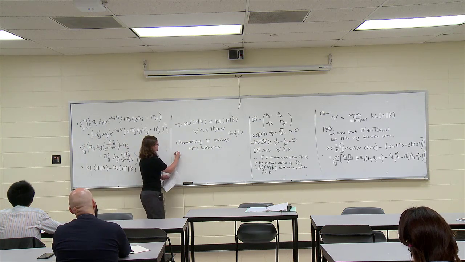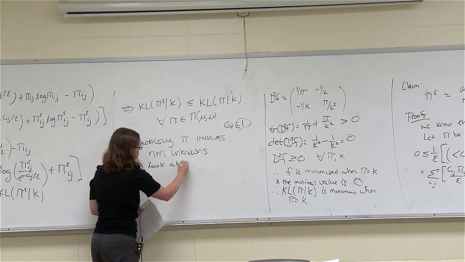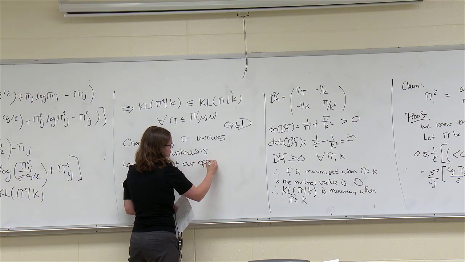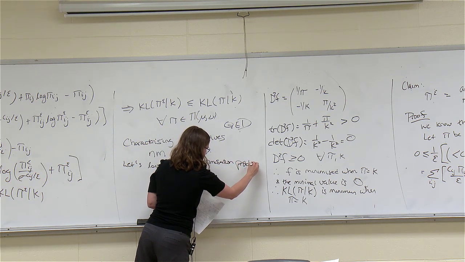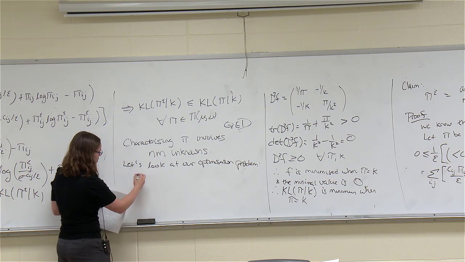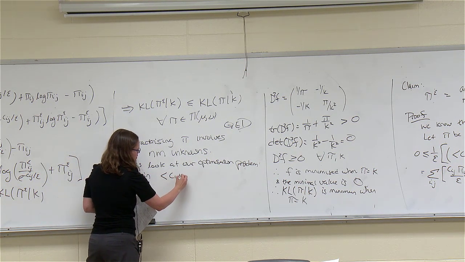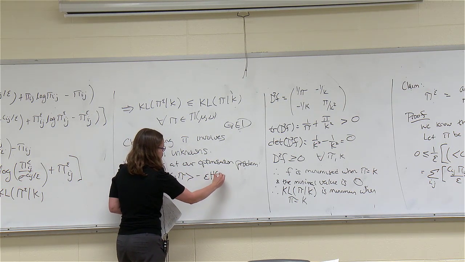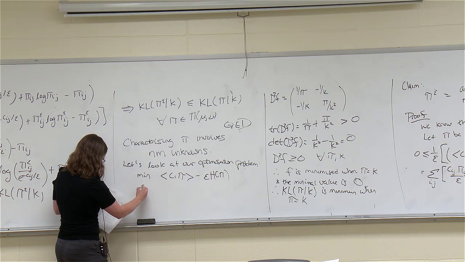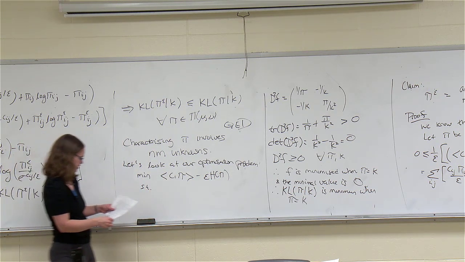So let's go back to the original optimization problem. Okay, so our optimization problem was this. We want to minimize this cost function, which we've regularized with the entropy, subject to some equality constraints and some inequality constraints.